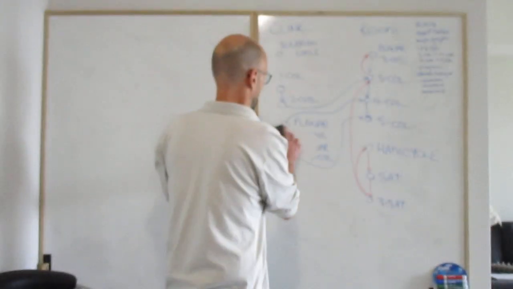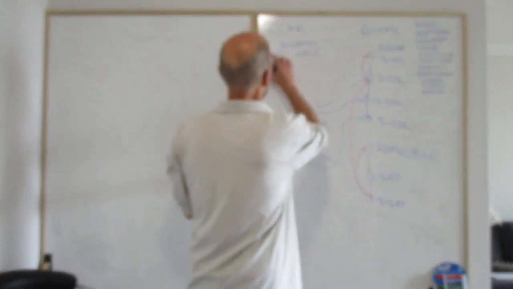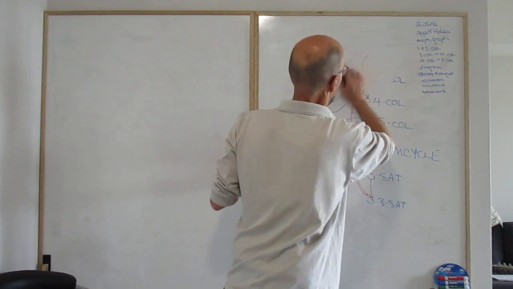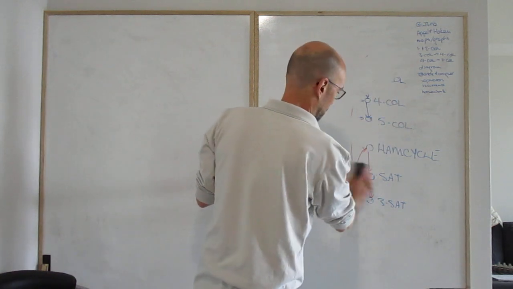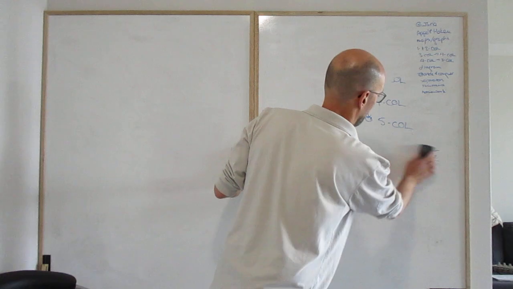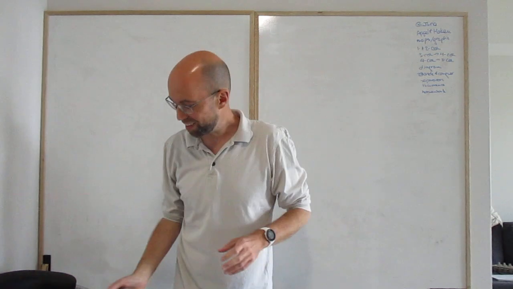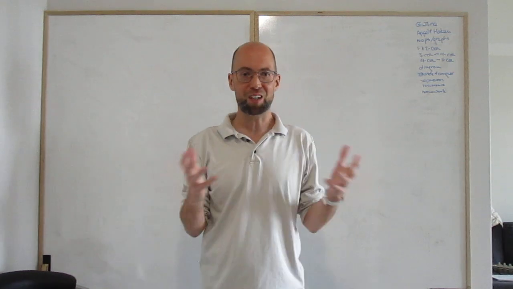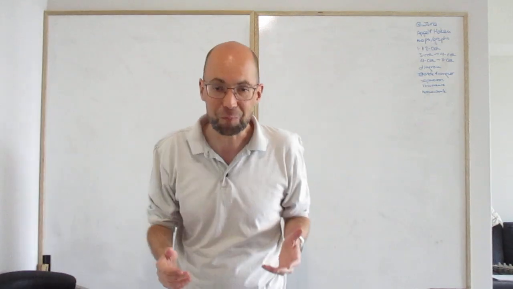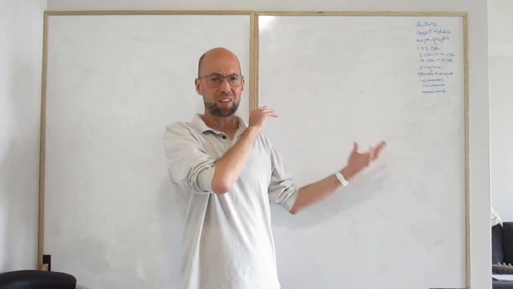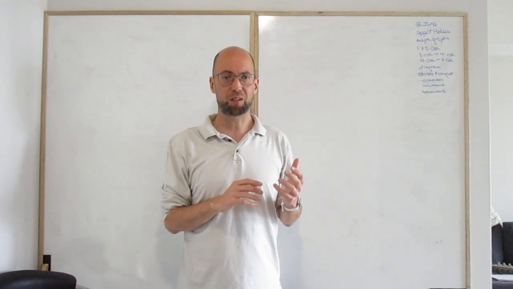So this is the diagram, right? Divide and conquer. So let's talk about three coloring Nova Scotia. These reductions are all working in polynomial time.